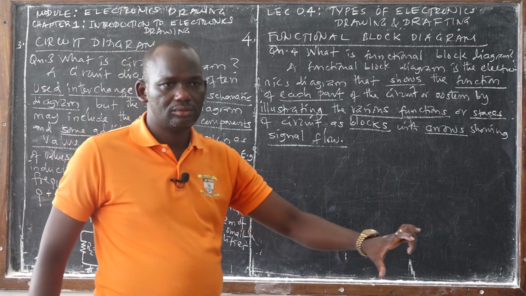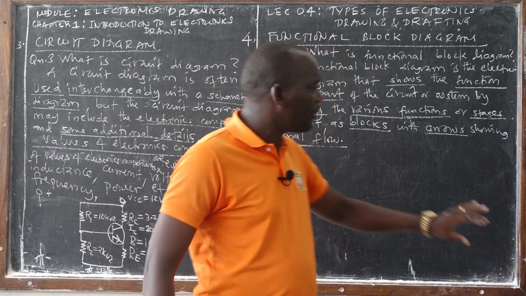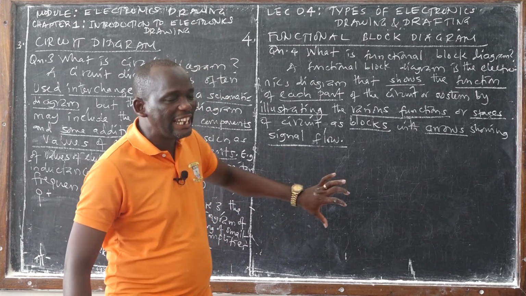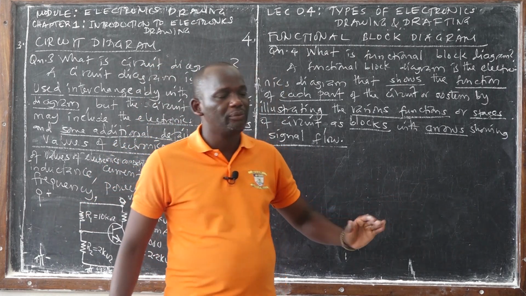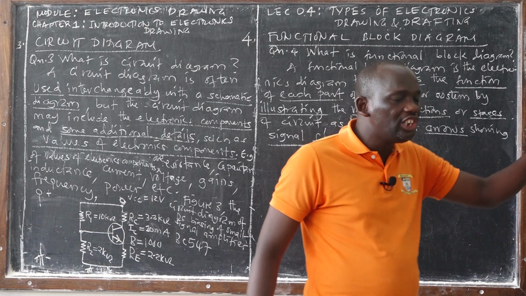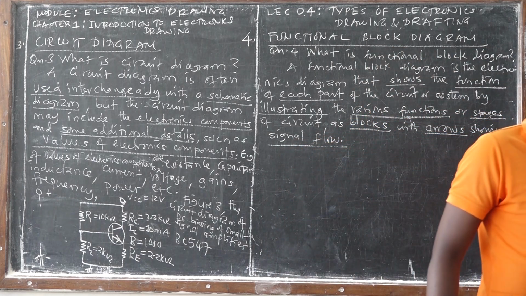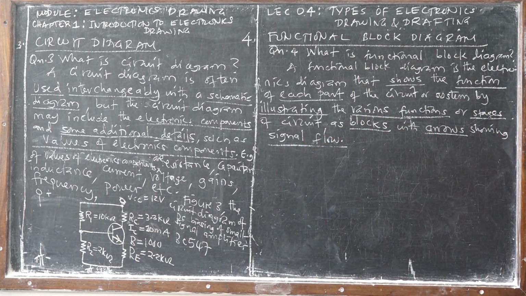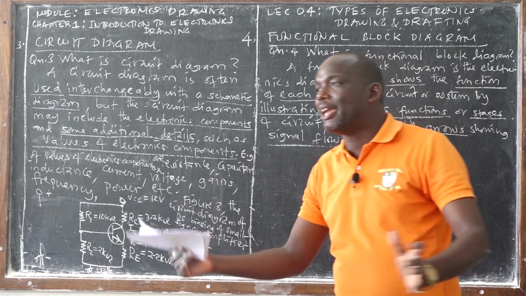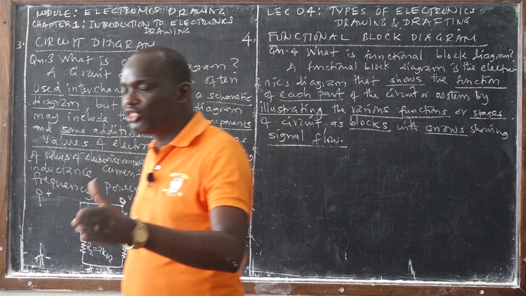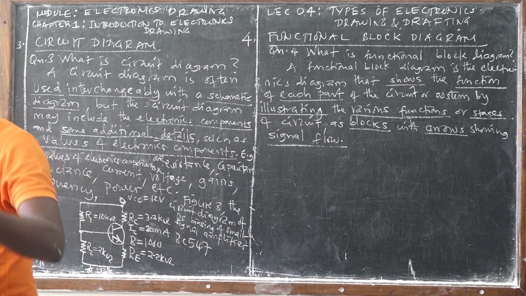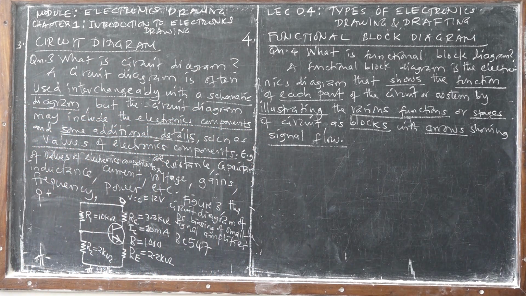In a functional block diagram, we can take an electronic circuit or system and break it down according to the function. So we can break down a big electronic circuit into different sections according to what function each part performs.